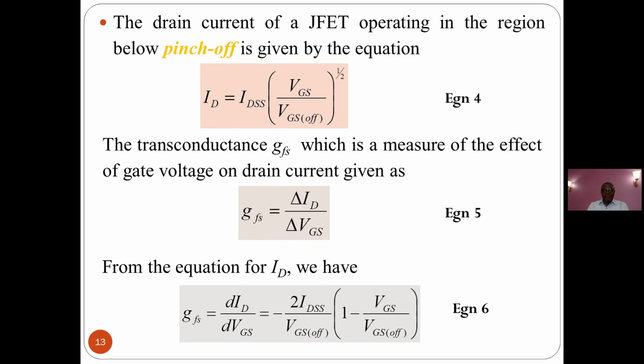From that equation for ID, that is our equation 4, we have that G subscript FS is equal to change in ID over change in VGS, which is equal to 2 IDSS over VGS at cutoff, all into 1 minus VGS over VGS at cutoff.